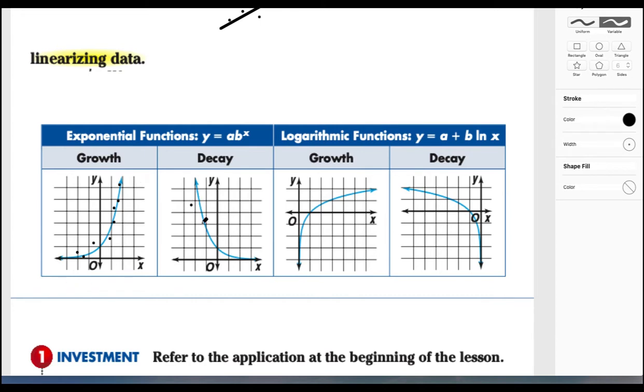Similarly, if we have data that looks like the dots that I'm doing here, you can see that it goes down and is asymptotic to the x-axis. You can express that as an exponential decay function. And so we can see what it would look like in these cases as we're dealing with logarithmic decay and logarithmic growth. So you want to keep that in mind as we're working on some problems.